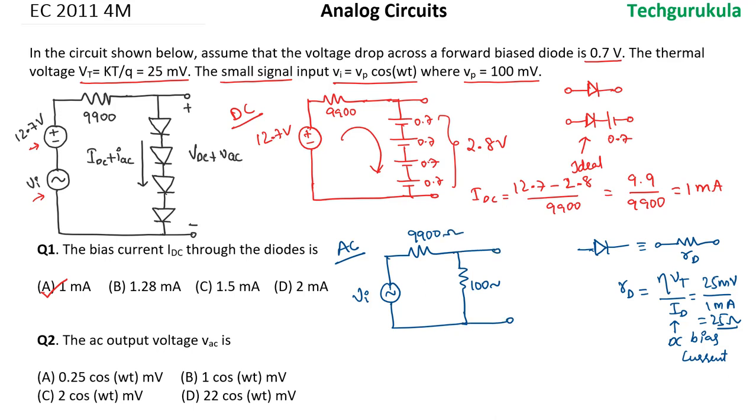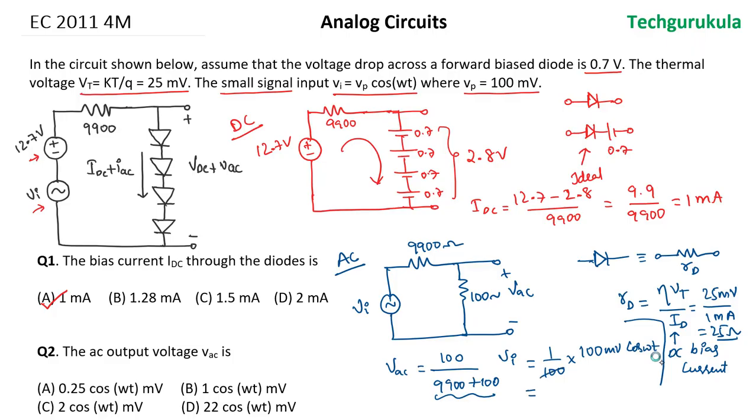Now we need to find the output voltage VAC. The voltage across the 100 ohm resistor can be written as VAC is equal to 100 divided by 9900 plus 100, it's a voltage divider network, times Vi. This is equal to 100 divided by 10,000, which is 1 over 100, times Vi, which is Vp, 100 millivolts times cos omega t.